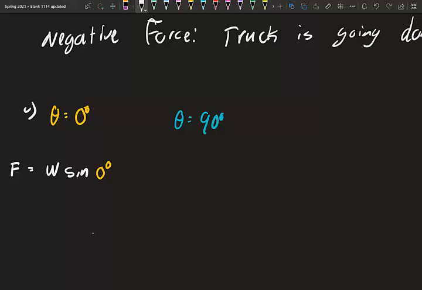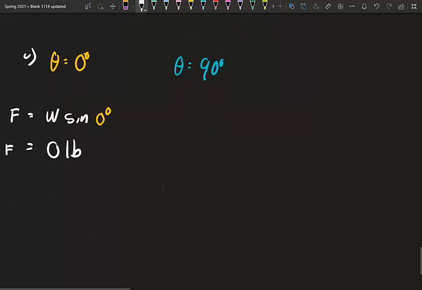You could use your calculator. How do I know you can use your calculator? Because it's a quadrantal angle, meaning 0, 90, 180, 270, 360. Those are angles perfectly on the x or y axis. So you use your calculator, and we get F equals 0 pounds. Now, does that make sense? It's 0 degrees. So if we're talking about a flat surface, the grade is 0 degrees.